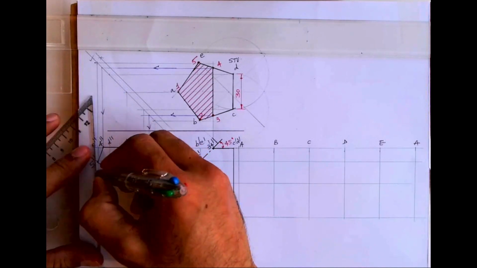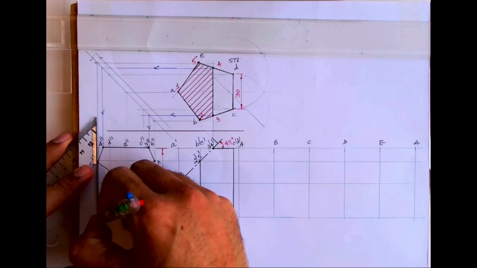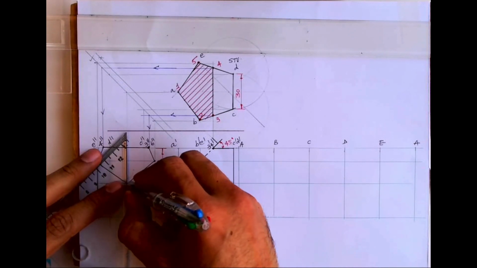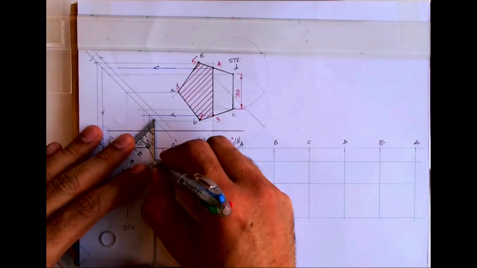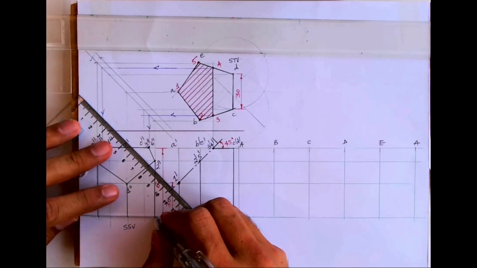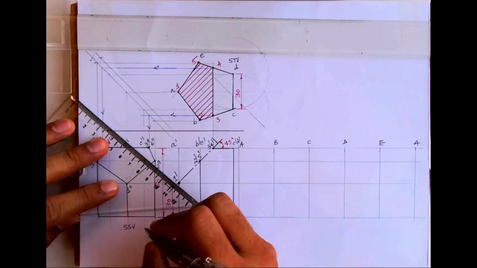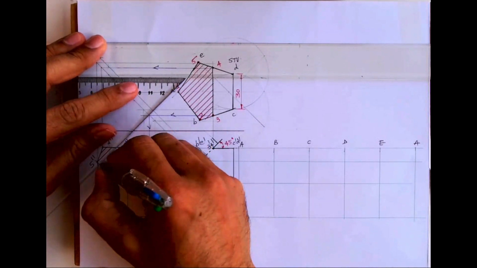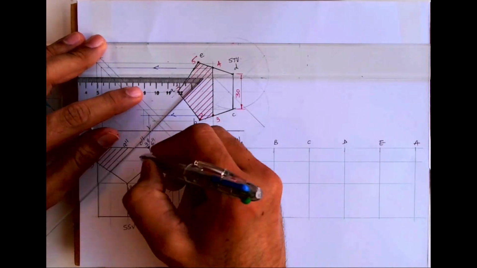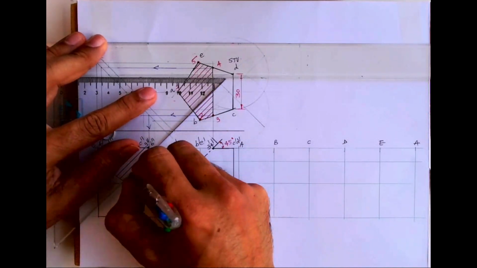So when you join, you will get the sectional side view. This is how it will appear when you cut and see from the side view. Then again we'll do hatching.